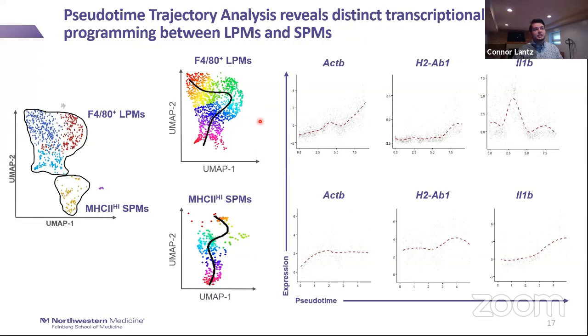When I look at specific gene expression that I would expect to be dynamic throughout efferocytosis, such as the expression of ACTB, an actin cytoskeleton remodeler, and an MHC2 allele important for antigen presentation, I see an increase of these genes, which is to be expected. However, when I look at inflammatory expression of IL-1 beta, I see a dramatic decrease after efferocytosis, suggesting that my pseudotime model is accurately modeling the process of efferocytosis in both populations.